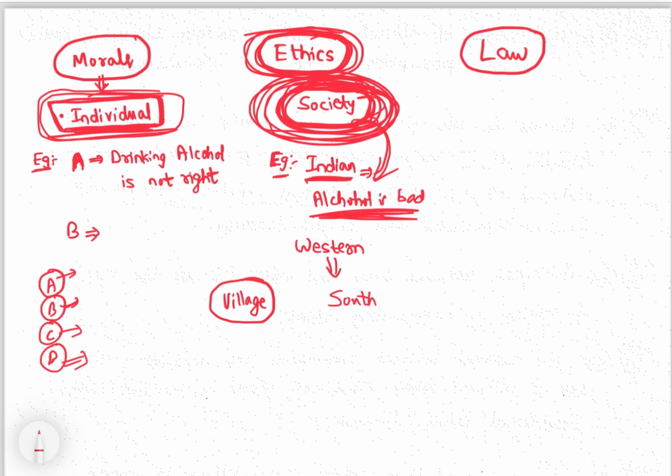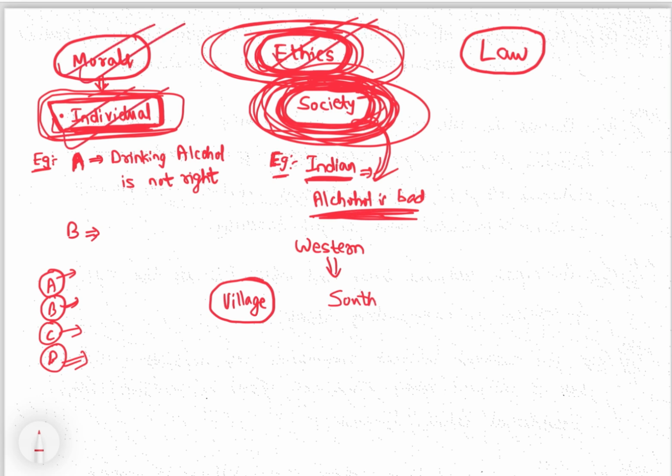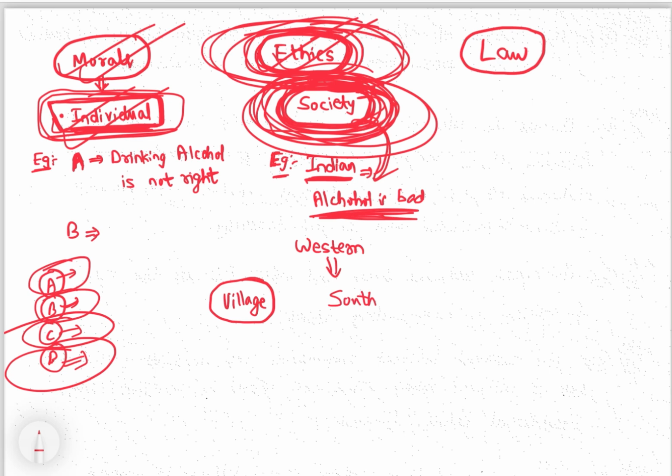So morality of Gandhi, morality of Raja Ram Mohan Roy, you have morals, and you being a part of society has ethics. So whenever we talk about society level, we talk about ethics; whenever we talk about individual level, we talk about morals. So every person will have their own morals and every society will have their own ethics.